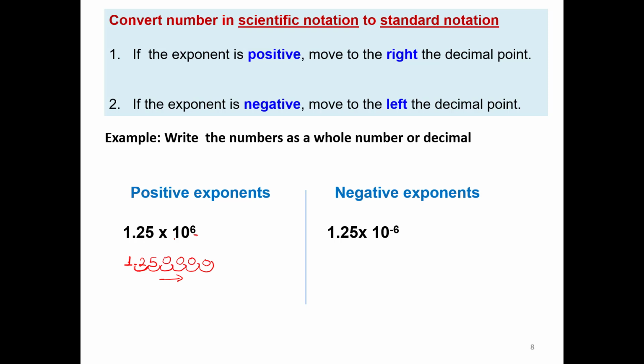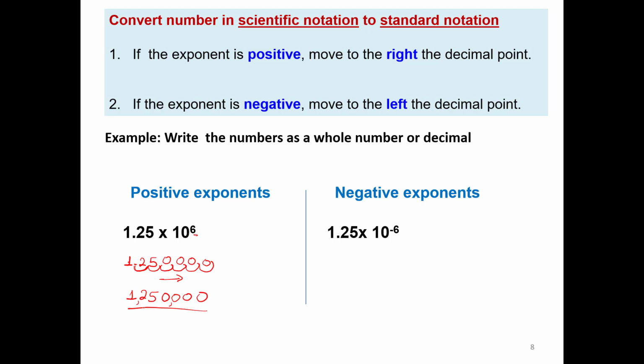And let's write the result. Then it's 1,250,000. Yes, it's 1,250,000. And this is the answer.